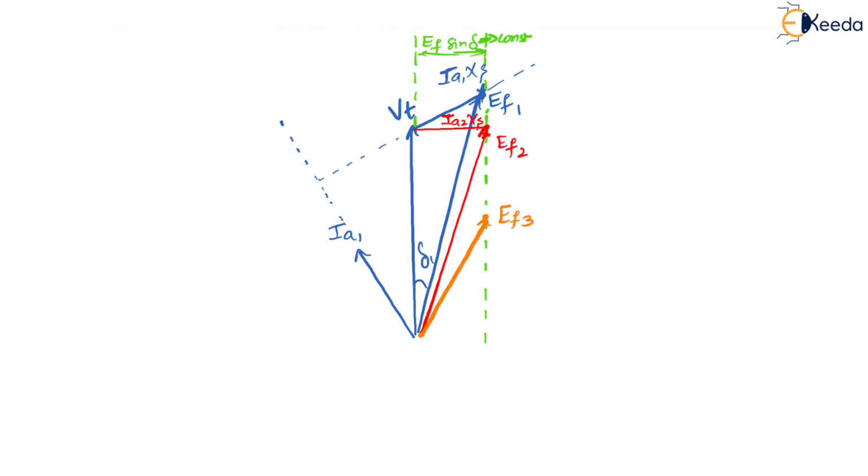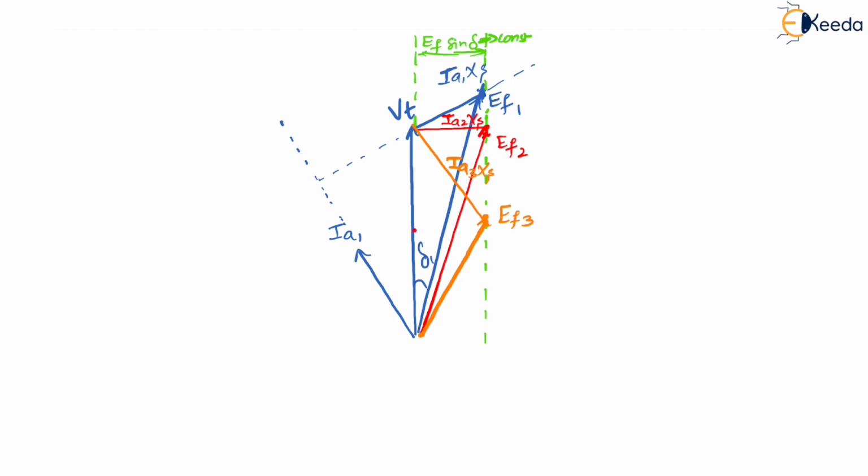Yes sir, this is EF3. Now please tell me what has happened. If this is EF3, then between VT and EF3 there is only one thing, the IA3 axis. Correct or not?